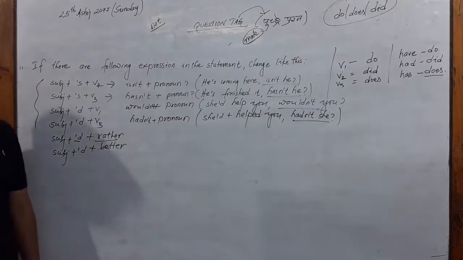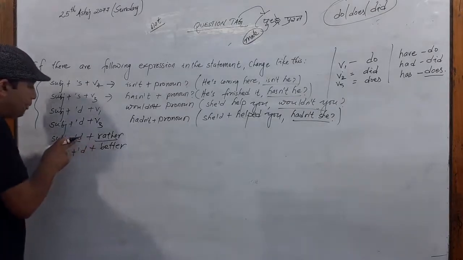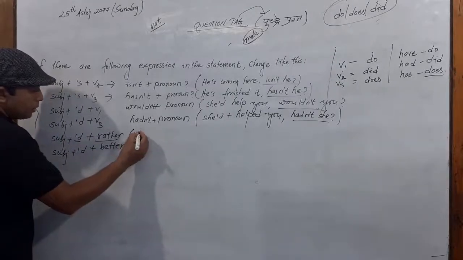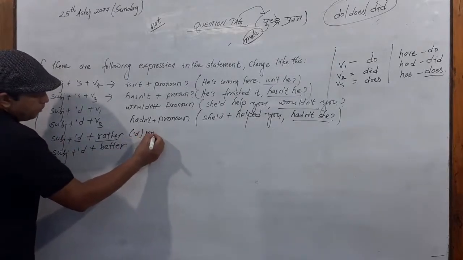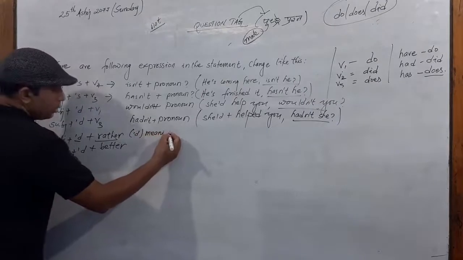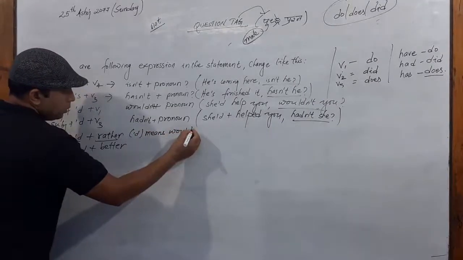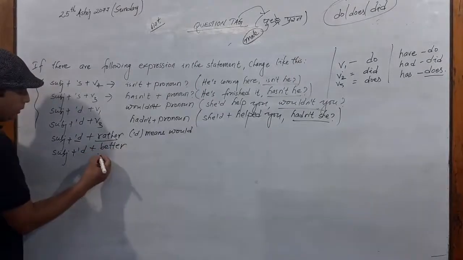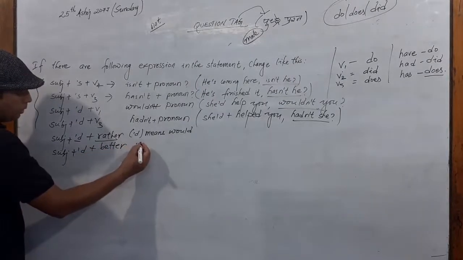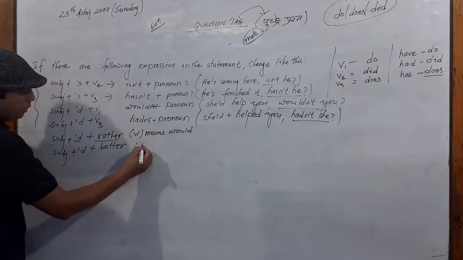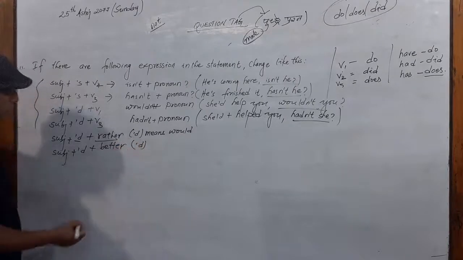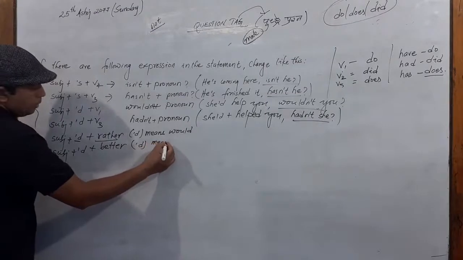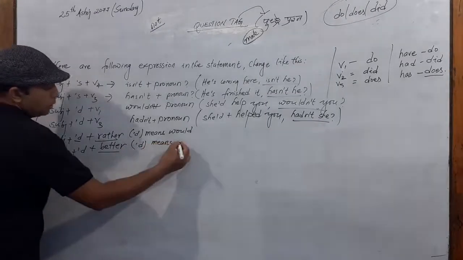Remember. If after apostrophe D there is rather, then apostrophe D means would. And if there is better, then apostrophe D means had.